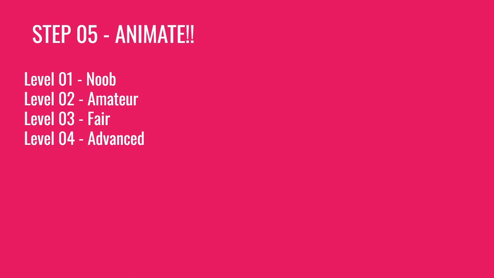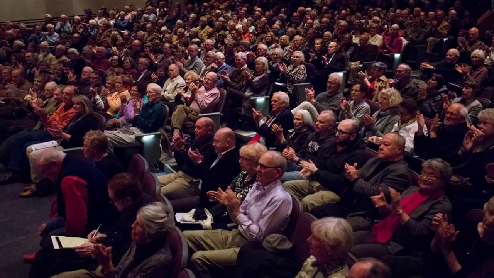For example, if your audience is veteran or old people, the suitable animation may be level 1, or not too much animation, or no animation at all, because too much animation will distract elderly people from focusing on the main objective of your presentation.